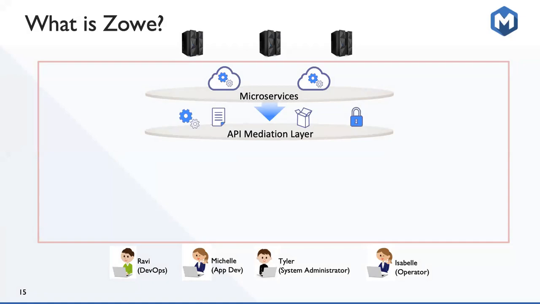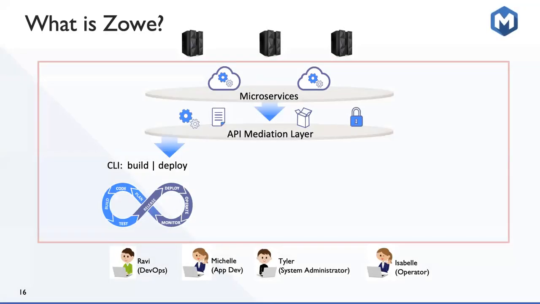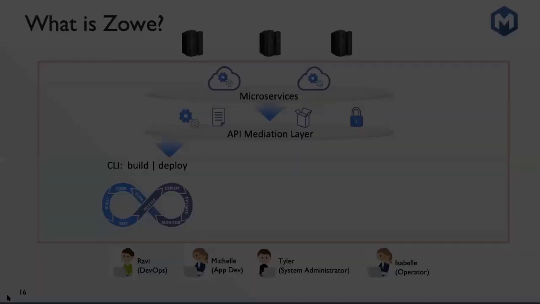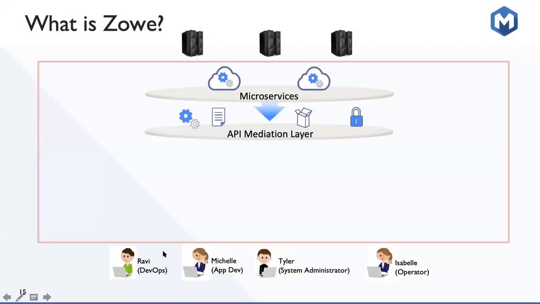So closest to the z/OS systems themselves, you have the API mediation layer and a set of built-in microservices. The API mediation layer acts as a reverse proxy to any number of clients. So it provides a unified single point of entry to any number of consumers with single sign-on and authentication, so that you don't have to do that over again for all the consumers.